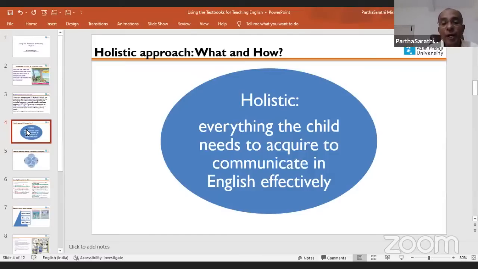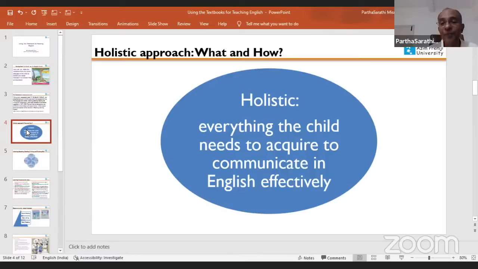Now, in order to communicate effectively, the child should be able to listen first, listen, comprehend, understand, and then respond. If I ask a child, stand up, and if the child sits down, what does it mean? That the child is unable to comprehend the meaning.